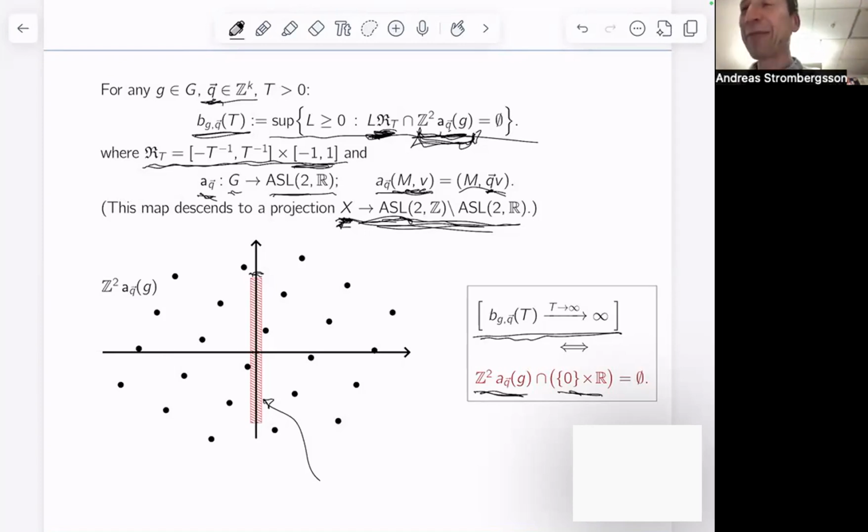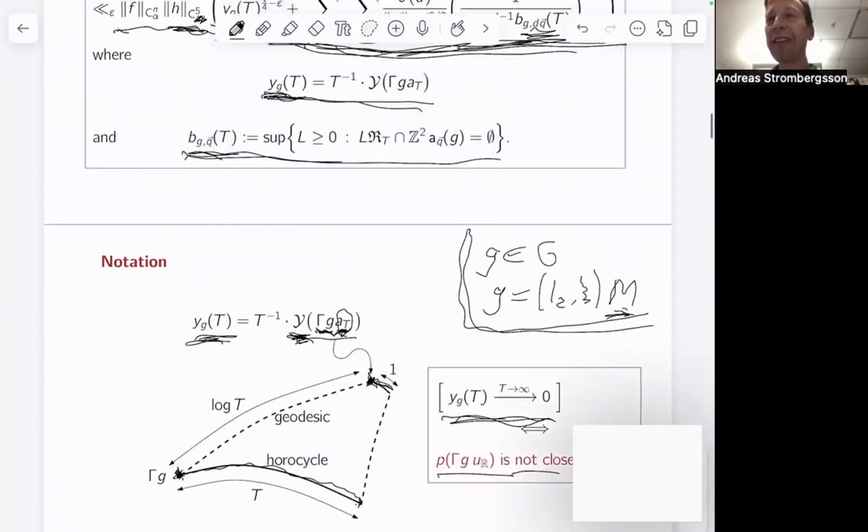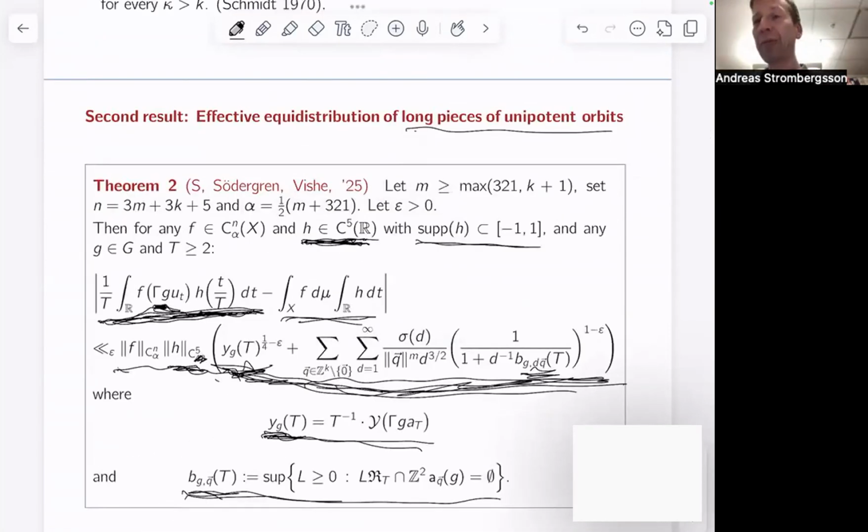That's more or less immediate to see. But if it fails, on the other hand, if this affine lattice for some non-zero integer vector Q has a point on the vertical axis, then that's an obvious condition that means that my unipotent orbit cannot be equidistributed.